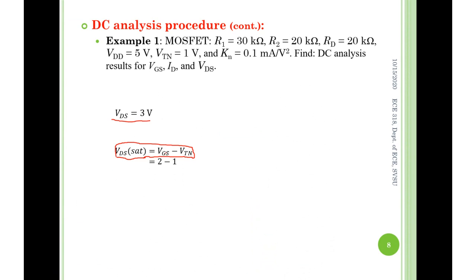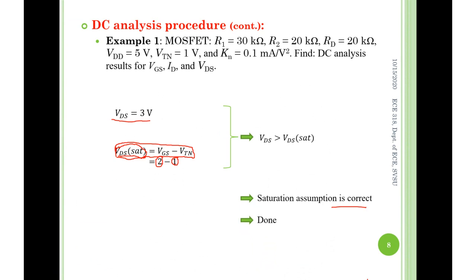Your VGS is 2, minus the given VTN, which is 1. So the boundary voltage for VDS saturation is 1 volt. What's the conclusion here? The assumption is correct. Then what? Done. You should say hooray.